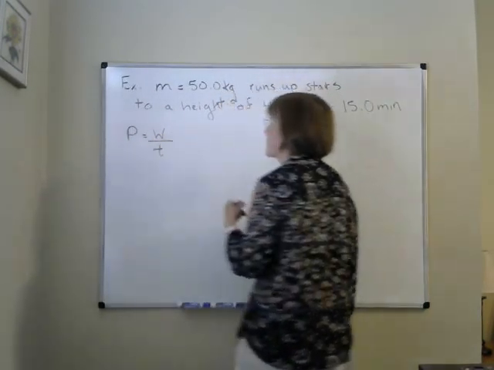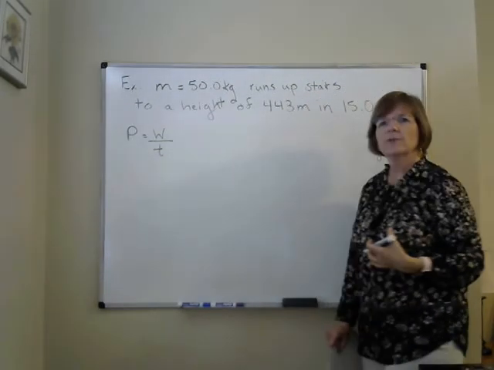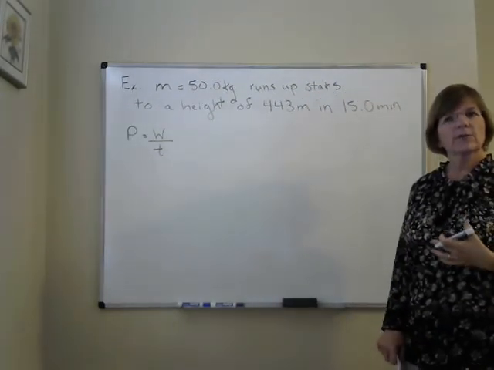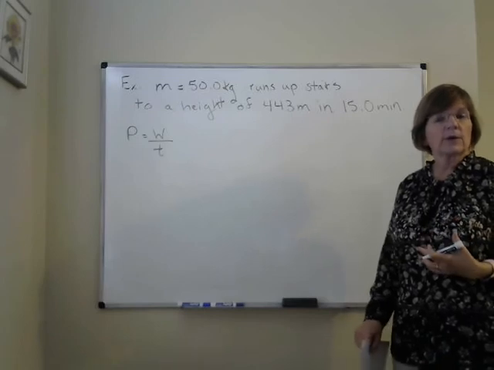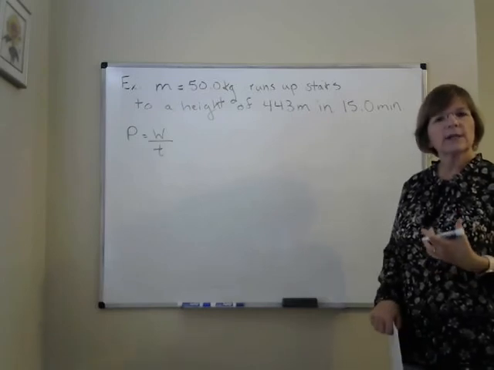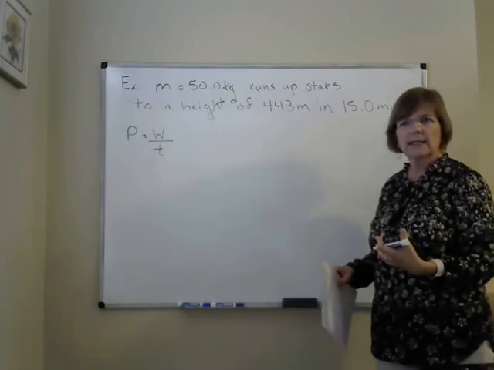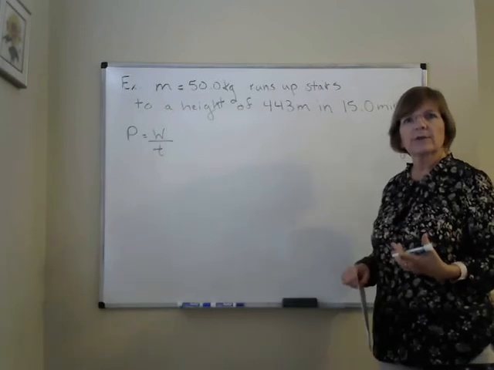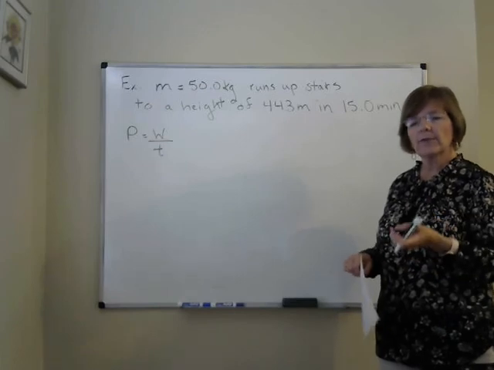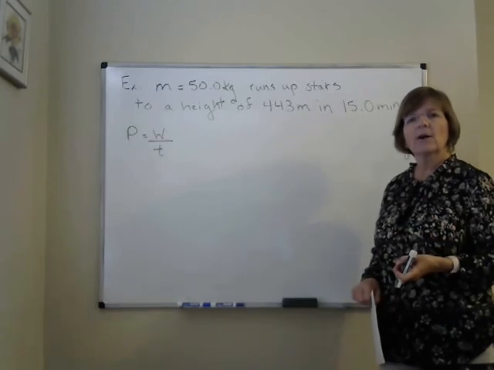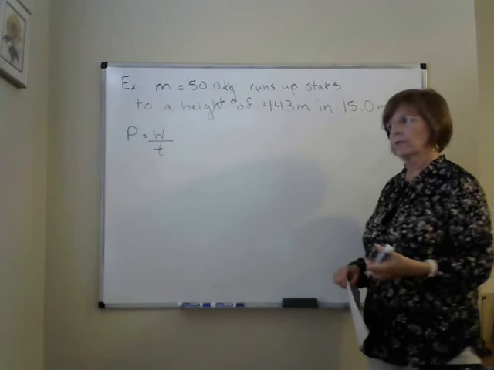How much work do you have to do to climb stairs to get to 443 meters higher than you were? It's just force times distance. And remember, work done against gravity, that's a conservative force. It doesn't matter how you get from the bottom to the top. It only matters the change in your position.